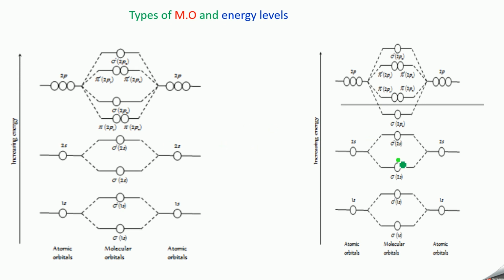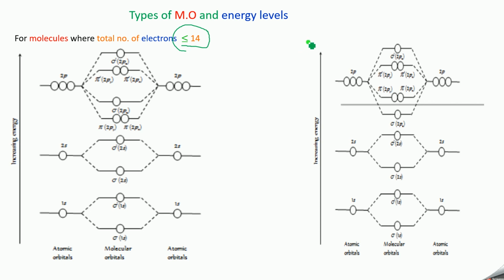This molecular orbital diagram is for molecules whose total number of electrons is less than or equal to 14. If the total number of electrons is less than or equal to 14, then you follow this diagram. For example, hydrogen, helium, nitrogen.